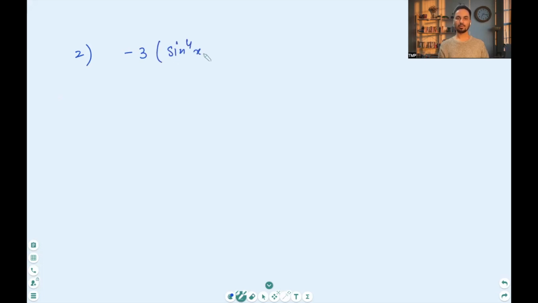(sin⁴x plus cos⁴x). Here, we can write it as 3 times ((sin²x) square plus (cos²x) square).